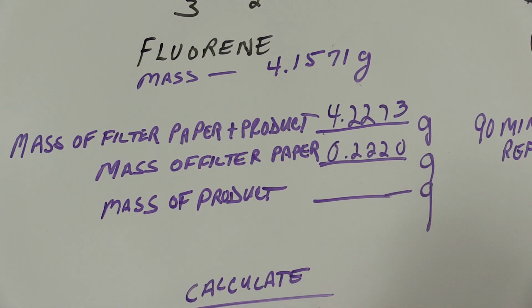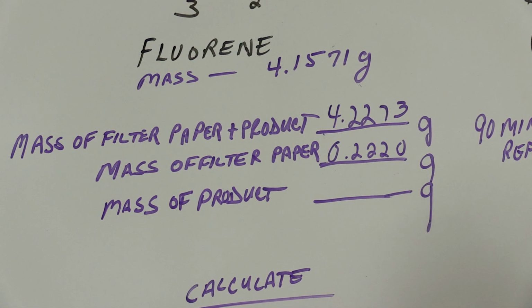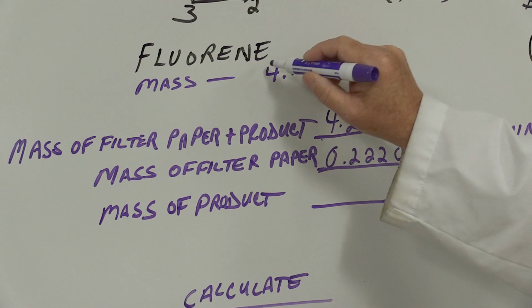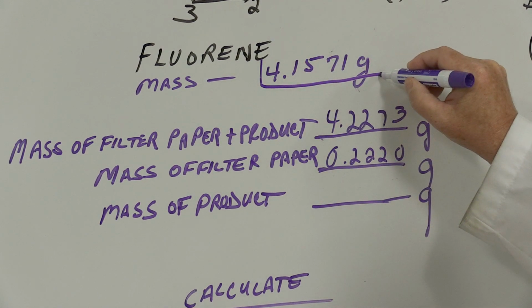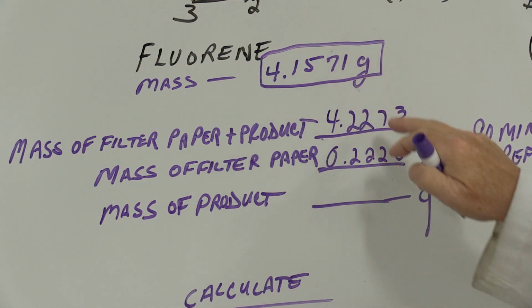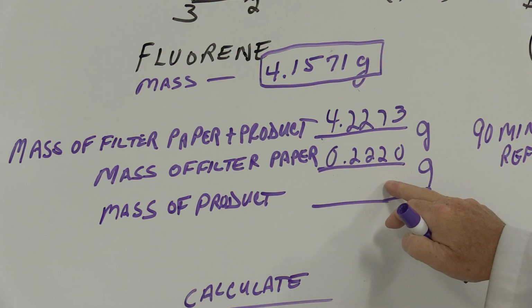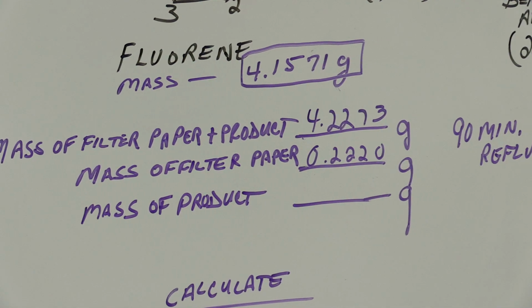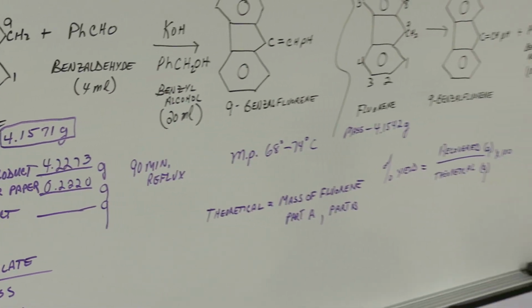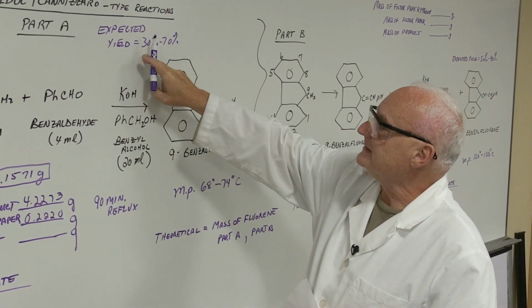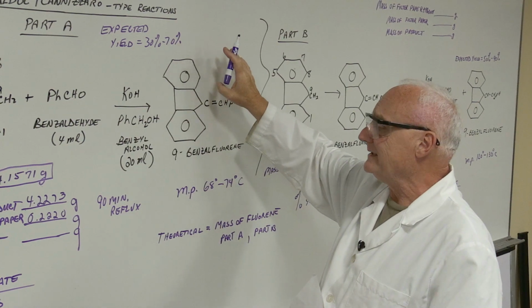The mass of the product will be used to calculate the percent yield, which is based on the theoretical amount of fluorine that we started with. Theoretical, and this will be the recovered amount for part A. Keep in mind that the expected yield will be between 30 and 70%.